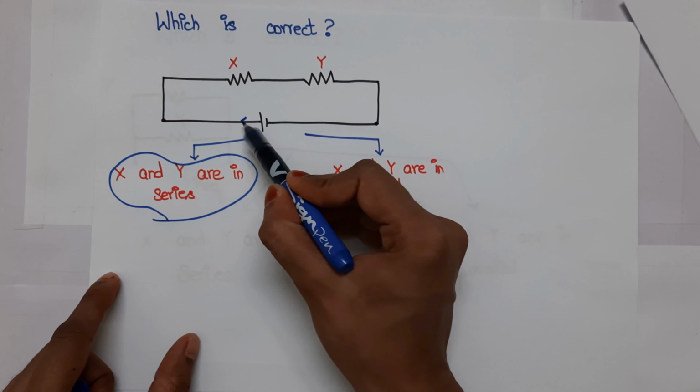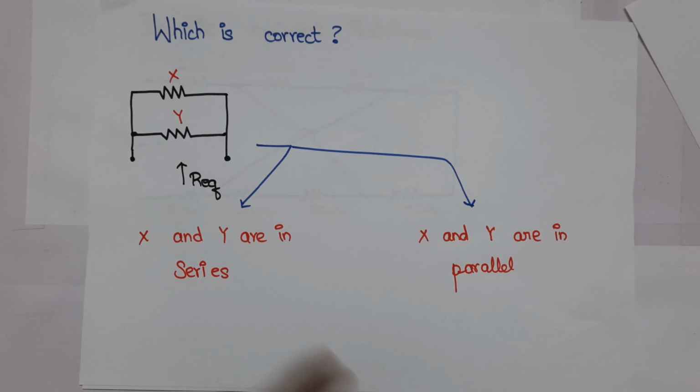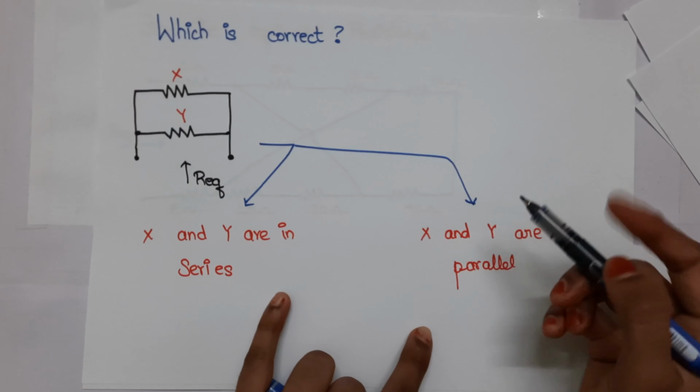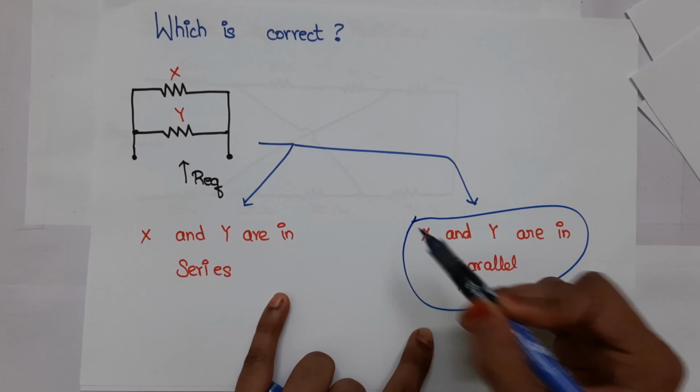Yeah, you are right. Now I am putting a power source like this in this circuit. In that case, we all know that this is a parallel circuit. Why?